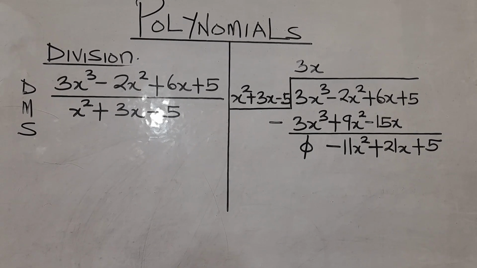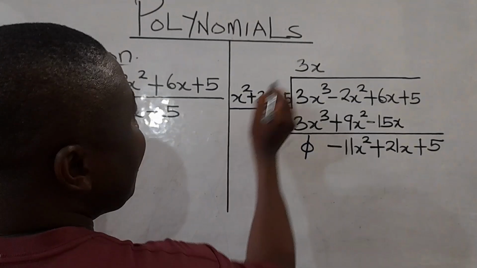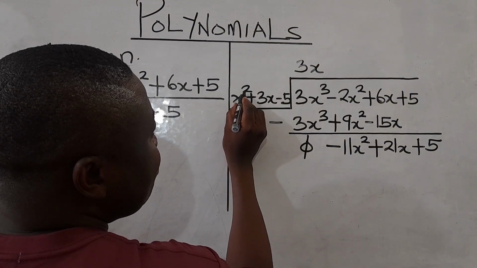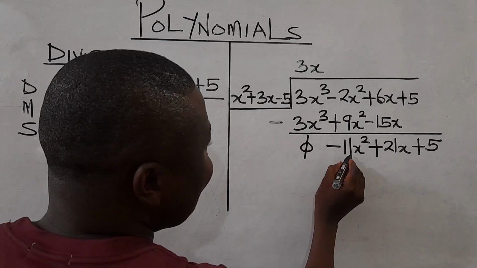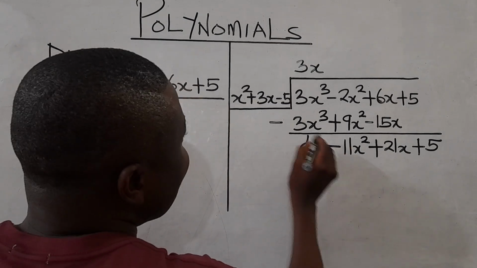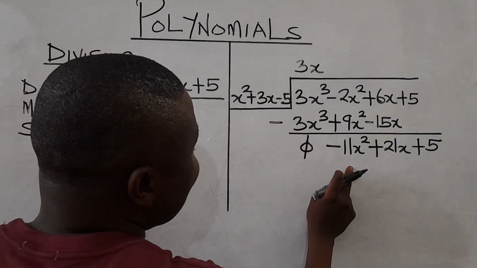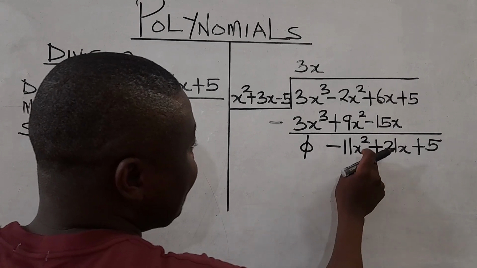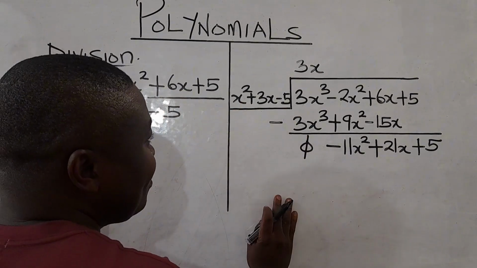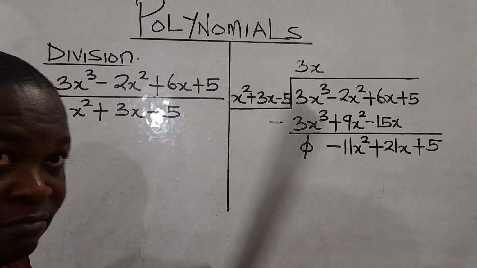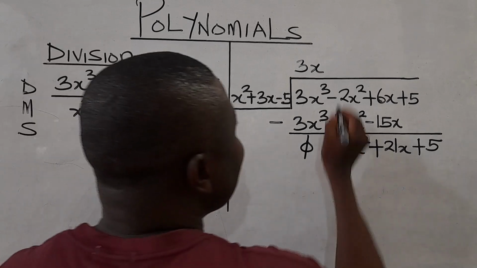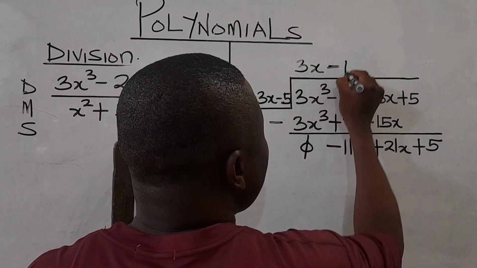Let's see it. So let's multiply. The next one, minus 11x squared divided by x squared. That's it. So you have minus 11.